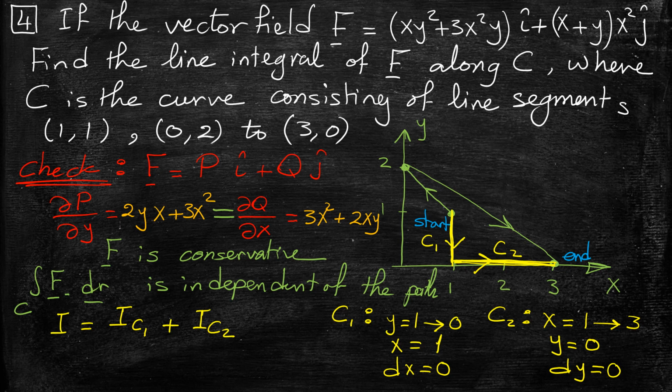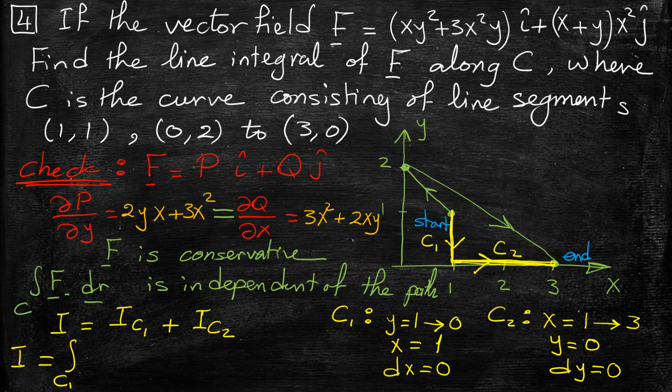Putting this into consideration, I can get this integral. For sure, whatever the path, the first one will be the integral with respect to C1, so it will have dx equal to 0.